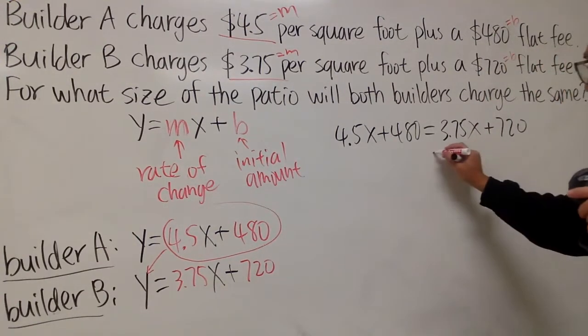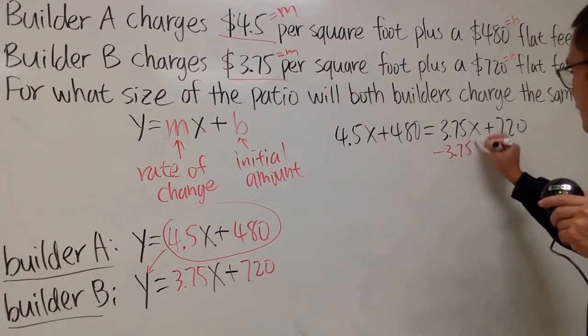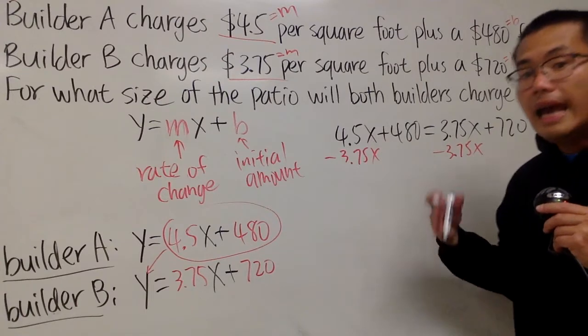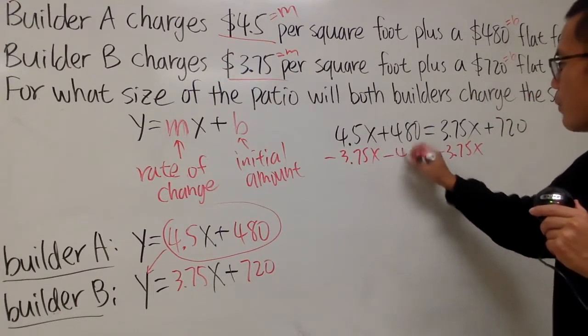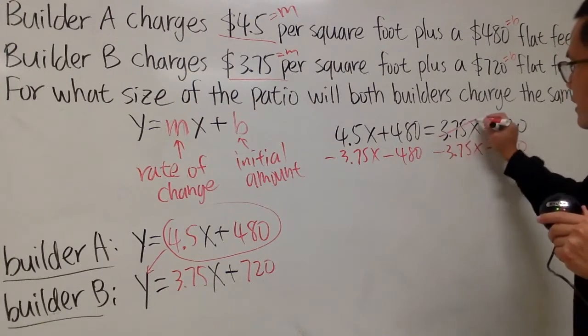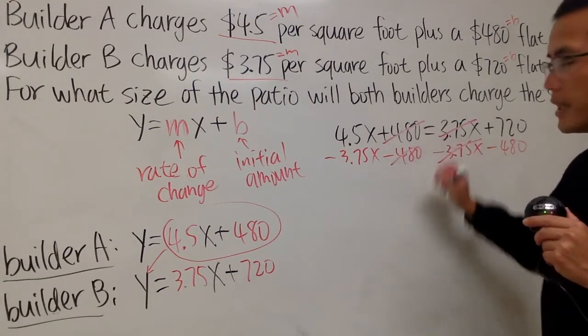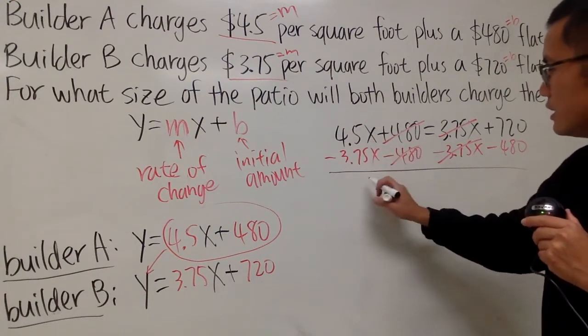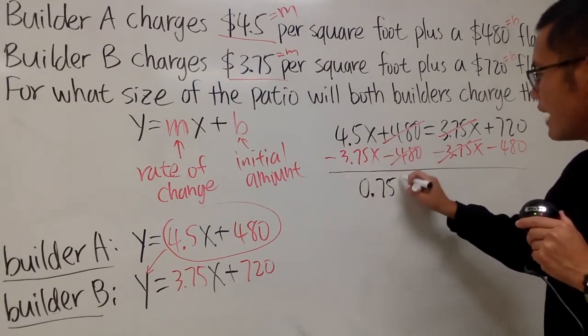So to go ahead and do that, minus 3.75x on both sides. And in the meantime, that's also minus 480, minus 480. This way, this and that will be cancelled, this and that will be cancelled. So when we work this out, we will see this is 0.75x.